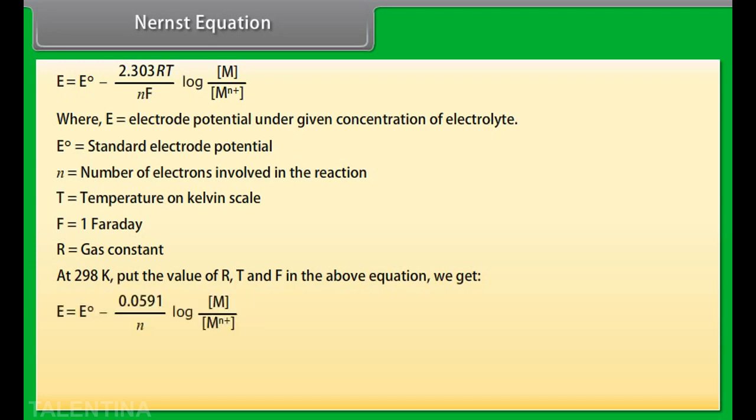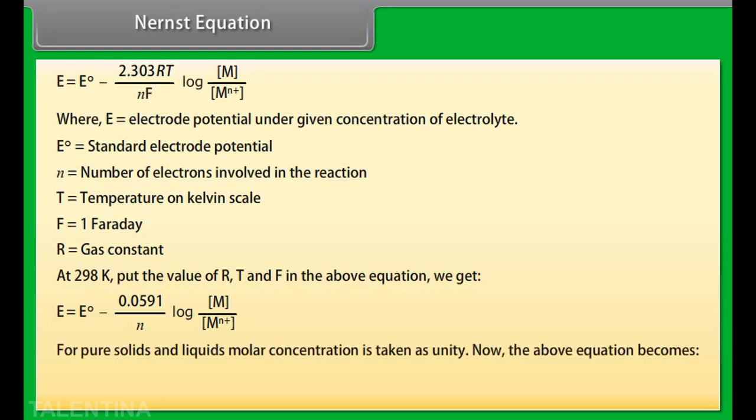We get E is equal to E naught minus 0.0591 upon n log M upon M ion. For pure solids and liquids, molar concentration is taken as unity. Now, the above equation becomes E is equal to E naught minus 0.0591 upon n log 1 upon M ion.